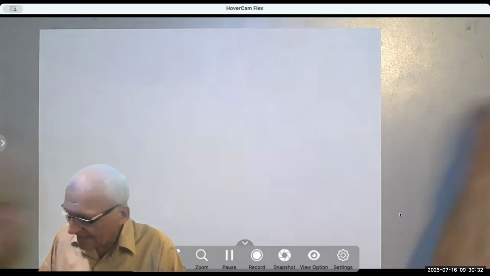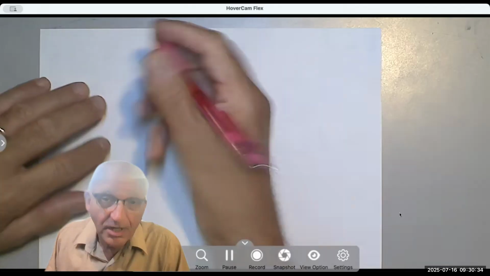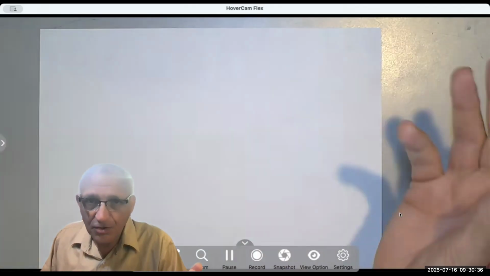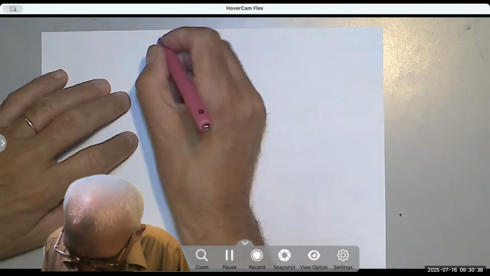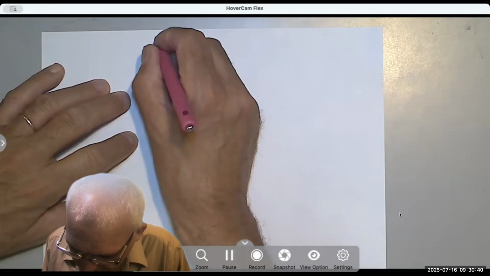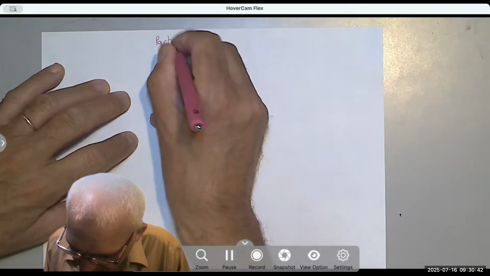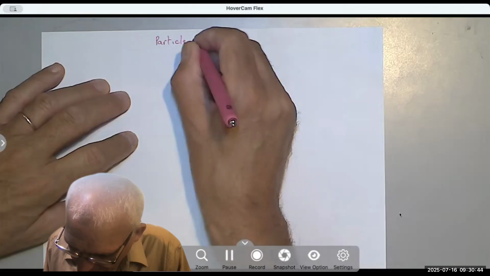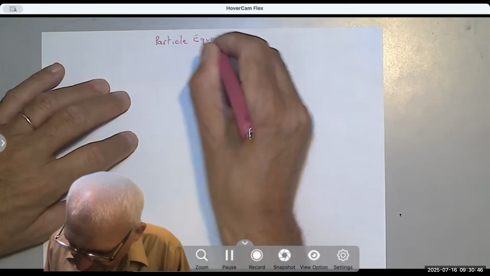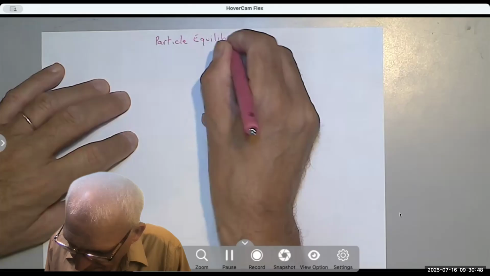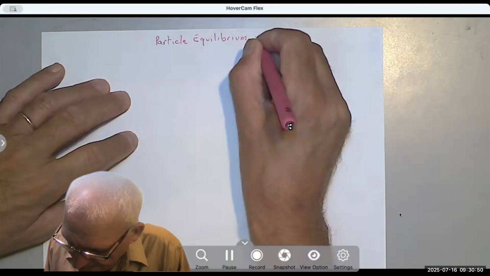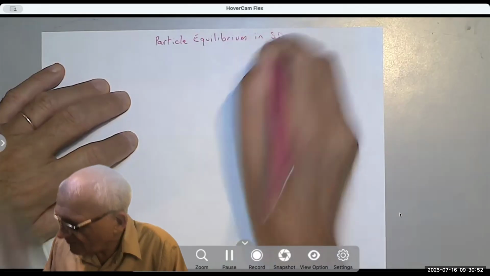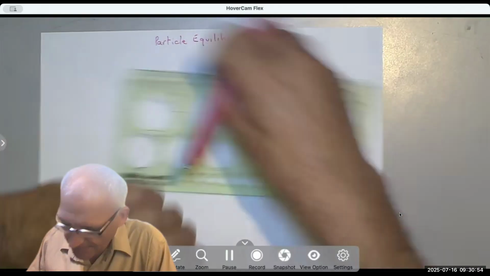But before doing that, let's write the equations of equilibrium. Nothing new. It's the same thing. So we say particle equilibrium in 3D. Okay.